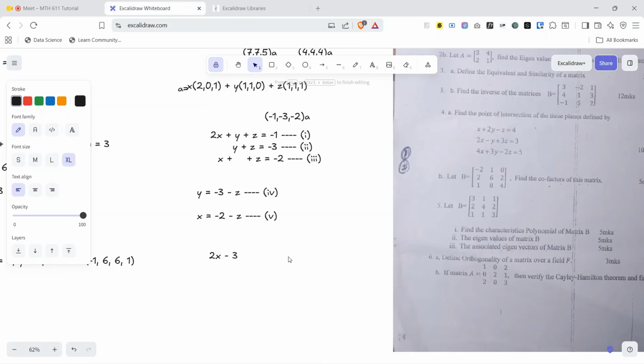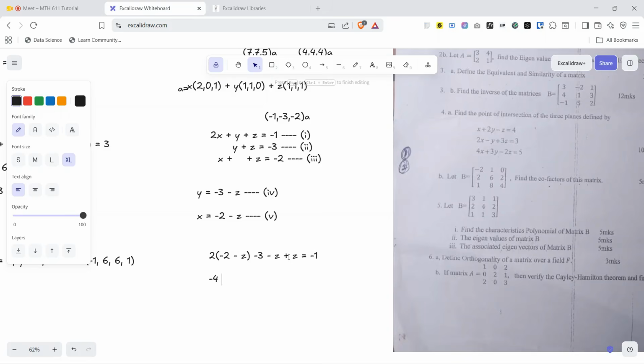Okay, sorry, what I'm looking for is z. So that would be 2 into x, which is minus 2 minus z, plus y, which is minus 3 minus z, plus z equals to minus 1.